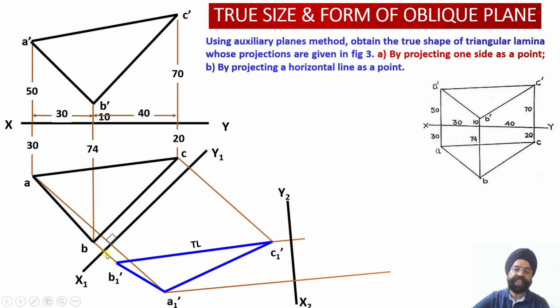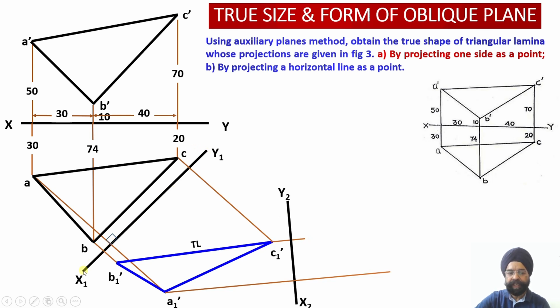And now you see which distances I am going to draw. Please check, this is my locus line for the points B and C which were there in elevation, that is B1 dash and C1 dash. So whatever plan projection I have to draw onto this locus line will correspond to points B and C. Let me check the distance of point B and point C from the first auxiliary plane, which was AVP.